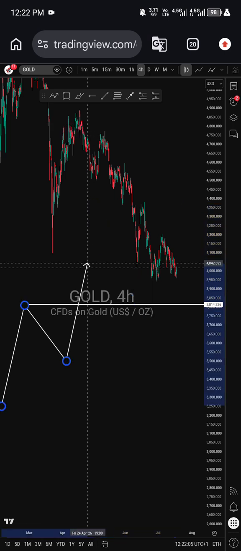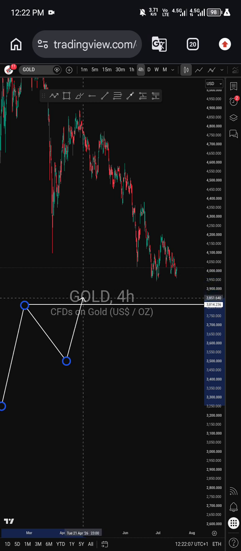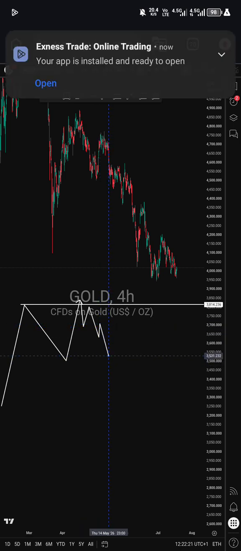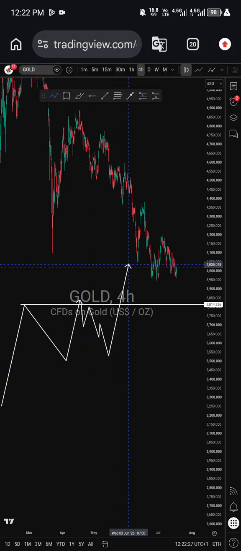Indication can still be short like this, and then have a deep pullback like this. As long as it didn't break this slow, yeah, it can still continue.